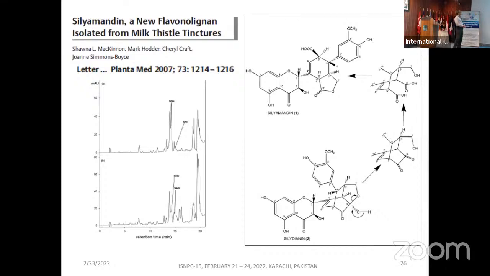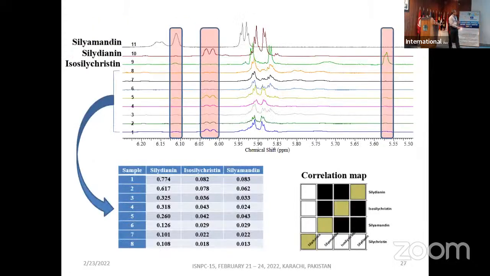Unfortunately, when we looked back at the literature, which was a letter in Planta Medica in 2007, we found a little bit of discrepancy in the isolation or the HPLC analysis of this compound, and we tried to confront the idea that seli-amandine is not a natural compound but a decomposition product.